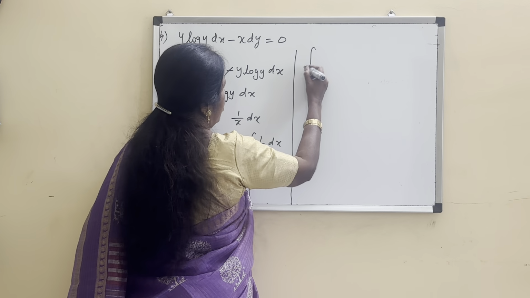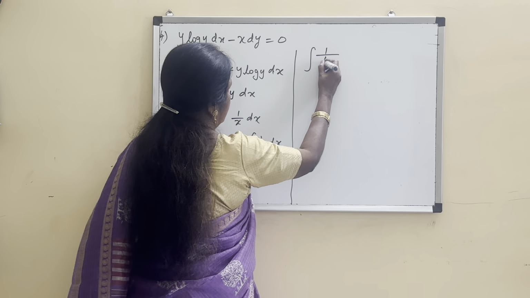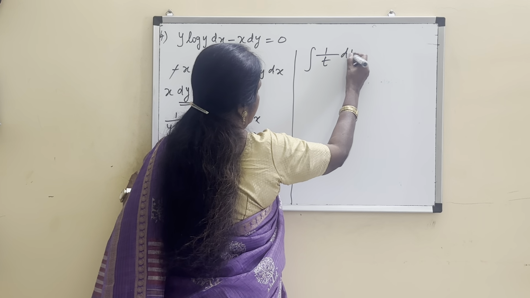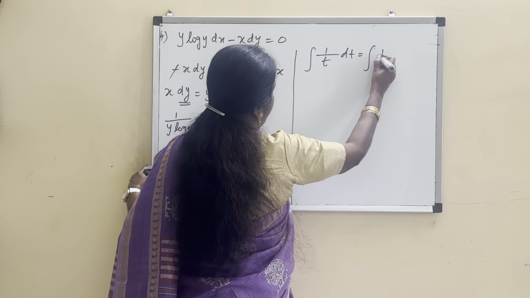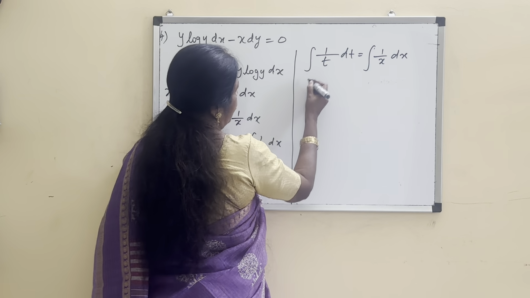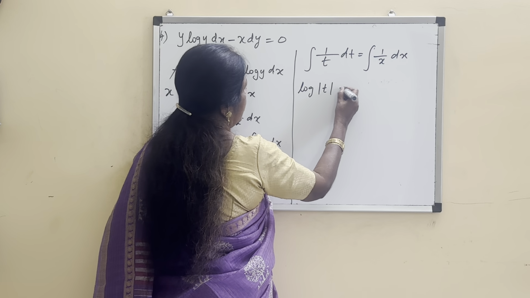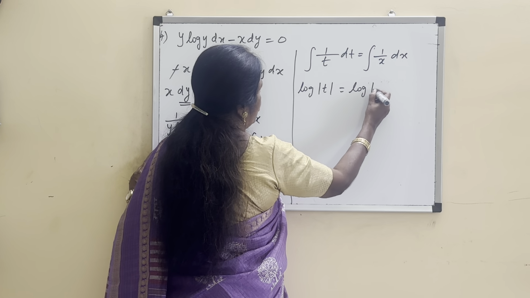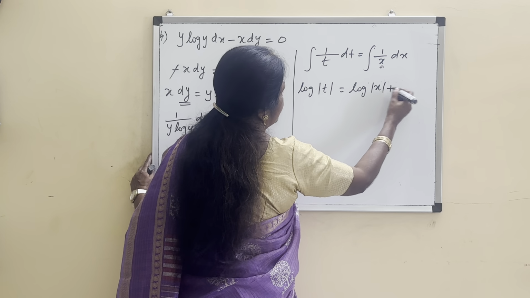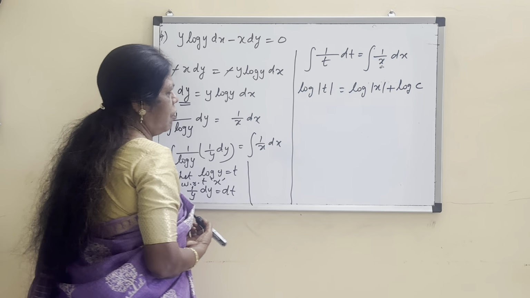So integration of 1 by log y into 1 by y dy becomes integration of 1 by t dt, equal to integration of 1 by x dx. Integration of 1 by t is log of modulus of t, equal to log of modulus of x, since integration of 1 by x is log x. Plus everything is in terms of log, so this constant also I am taking in terms of log.